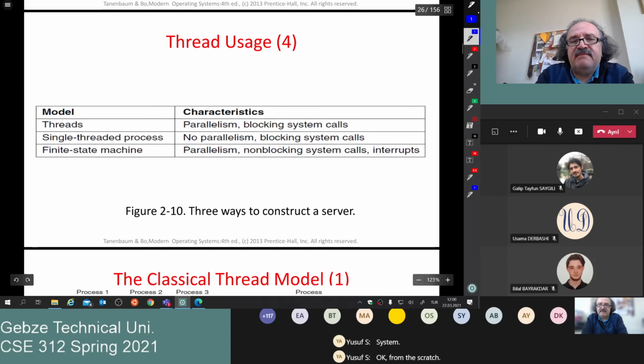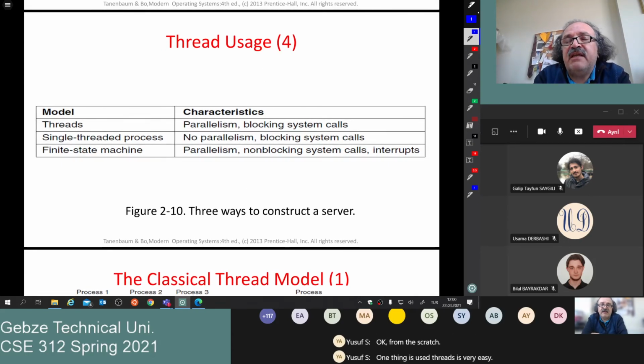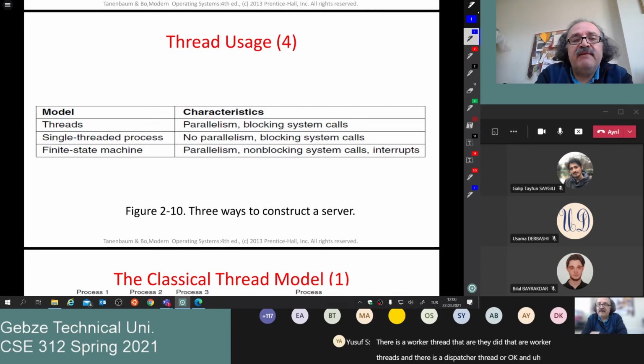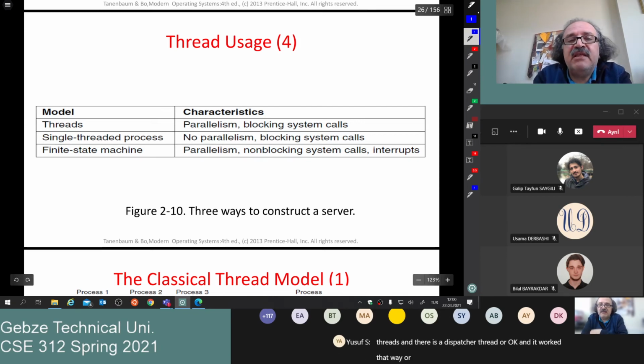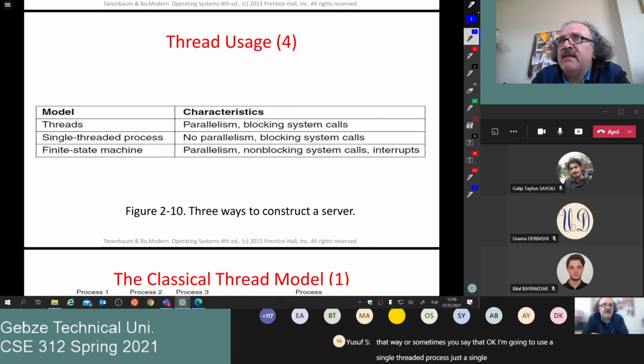One thing is to use threads. It's very easy. There are worker threads and there is a dispatcher thread, and it works that way. Or sometimes you will say, I'm going to use a single-threaded process, just a single process. There are no multiple threads in it, so no parallelism.